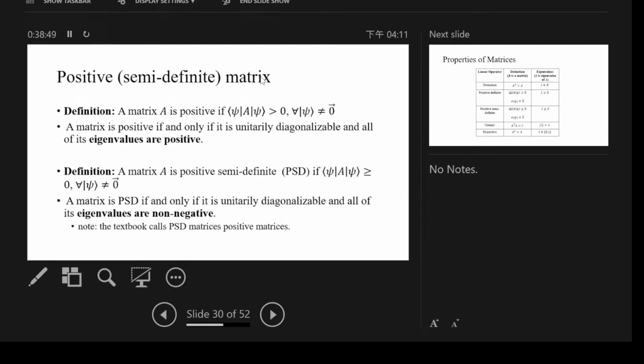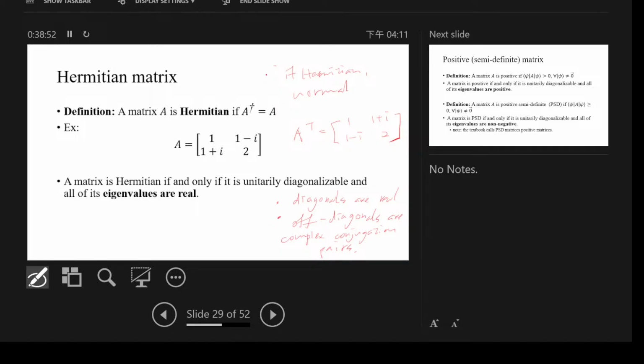Very easy to see that if a matrix is Hermitian, then the matrix is normal. Here we have that a matrix is Hermitian if and only if it's unitarily diagonalizable and all of its eigenvalues are real. We already see why it's diagonalizable, because you can show that it's normal, and if you work a bit harder, you can see that all its eigenvalues will be real.